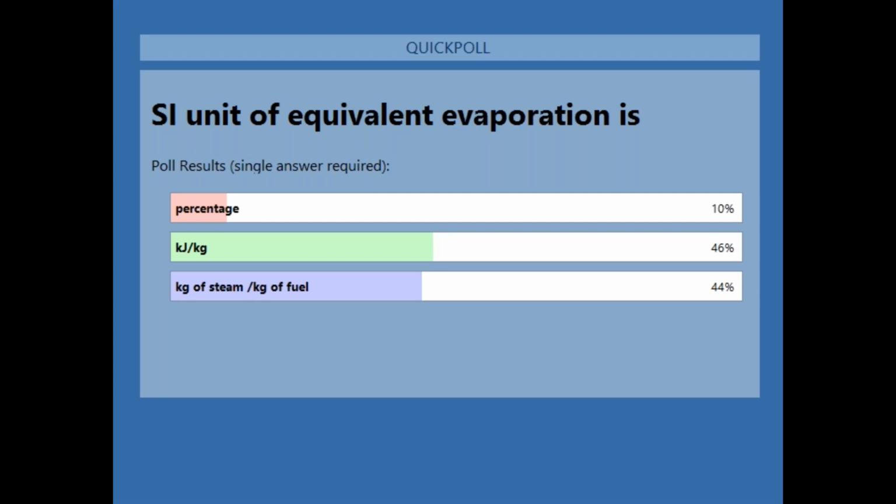The equivalent evaporation is the mass flow rate of steam per kg of fuel burned. The equivalent evaporation concept is to compare different types of boilers operating at different operating conditions. Let me hide this and write down the question.